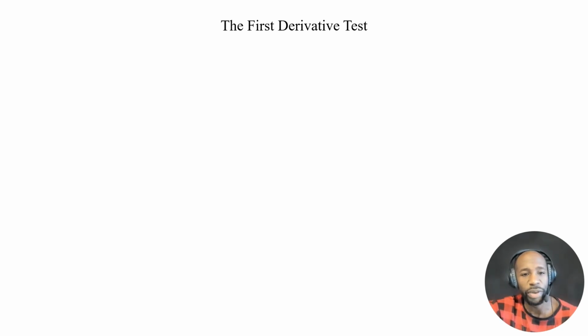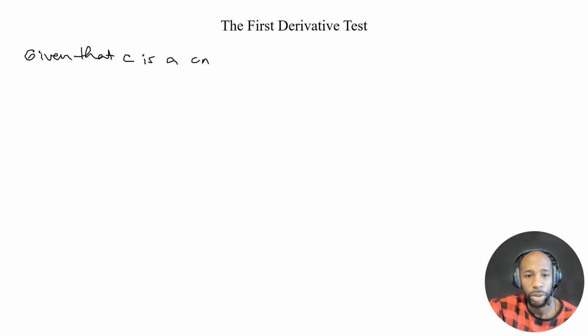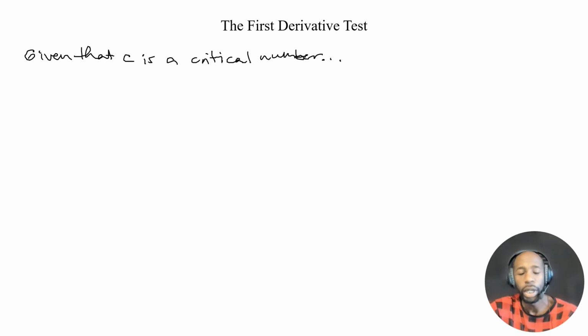The first derivative test is as follows. Given that c is a critical number. And if you recall, a critical number is a number in the domain of a function where either the derivative does not exist, or the derivative is equal to zero.